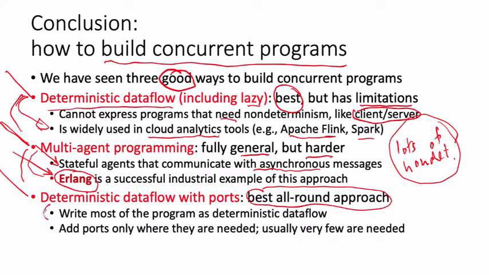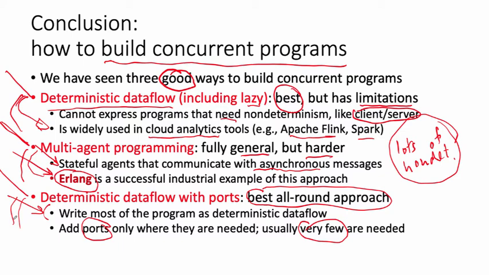So you write most of the program as deterministic data flow as much as possible, and you add ports exactly where you need them. And usually you only need very few ports. I've shown several examples of that. So that's by far the best approach. You start by writing deterministic data flow, and you only add ports when you cannot use deterministic data flow.